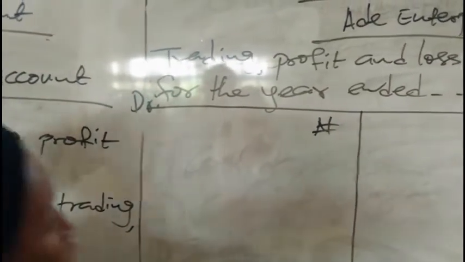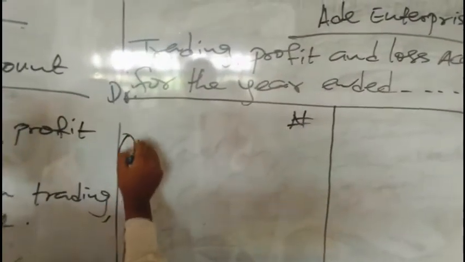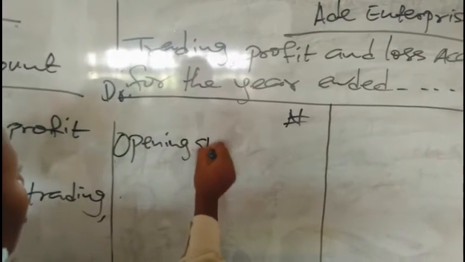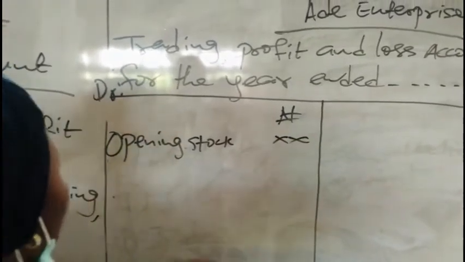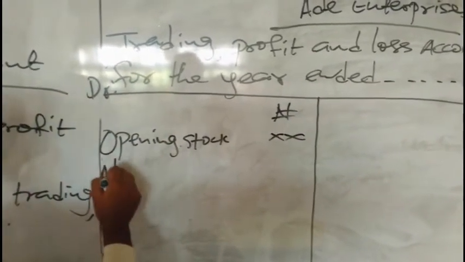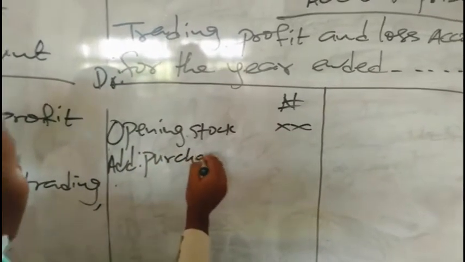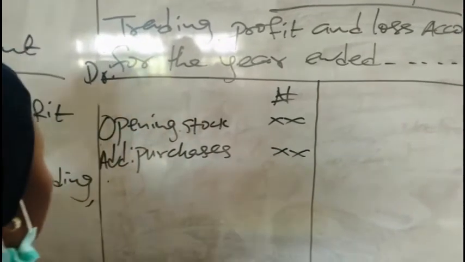On both the debit and credit side, please indicate the currency sign. After the currency sign, bring out the particulars, which is first the opening stock. Indicate your figures there. Then add purchases. Whatever figure you have for the purchases, indicate it there.